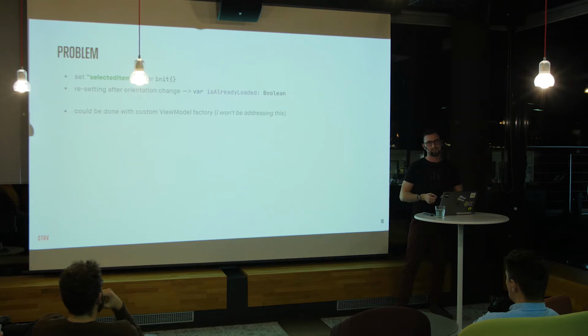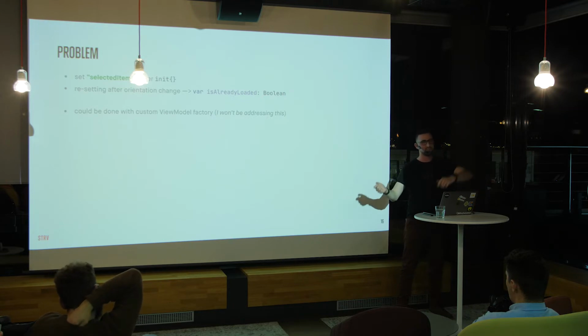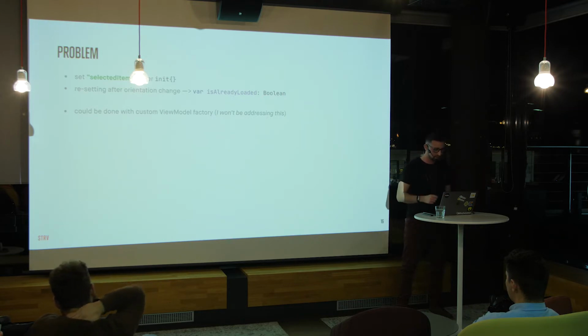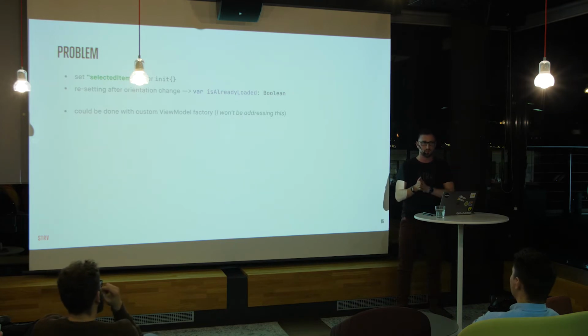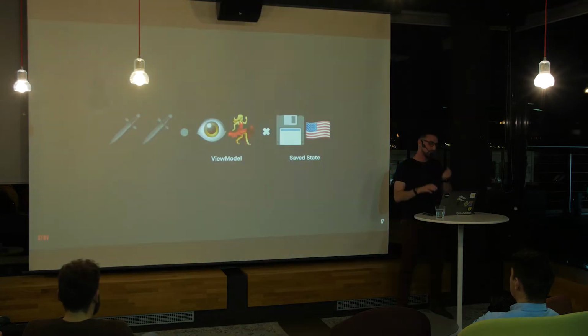You would be setting it, but then it's more complexity. And that sucks. You could fix that with a custom view model factory for every view model you have, but let's pretend this option doesn't exist because we want to use DI, we want to use Dagger, and we want to have great code. So actually, that's the saved state module library from AndroidX.